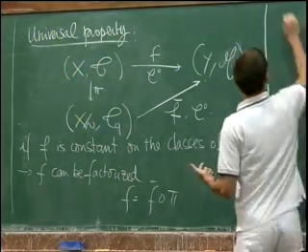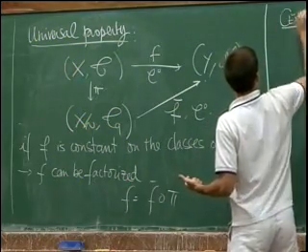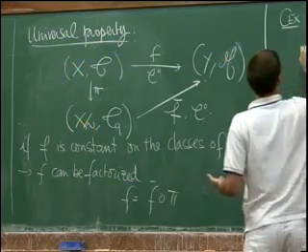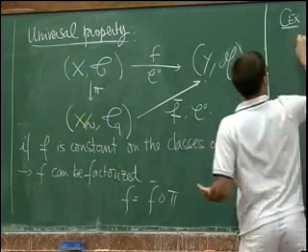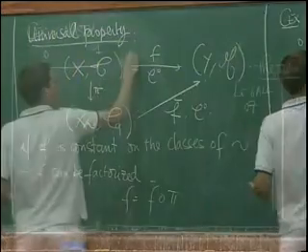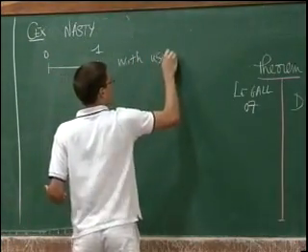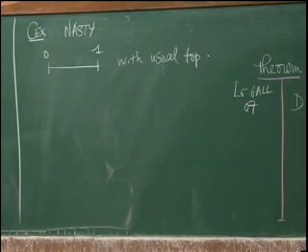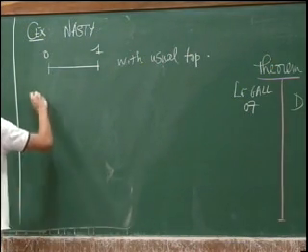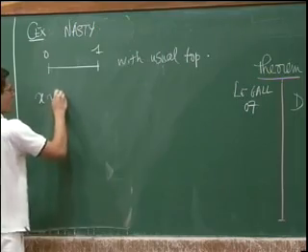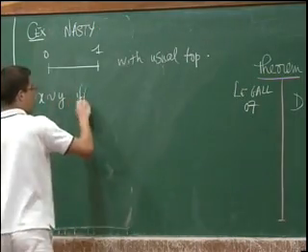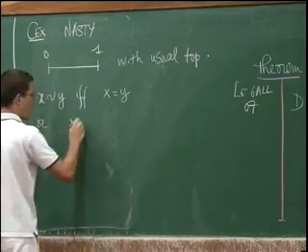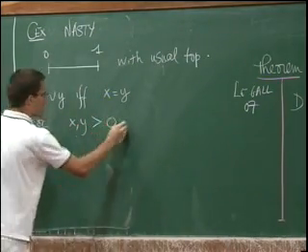So, for example, a counterexample: take the interval [0,1] with the usual topology, and define an equivalence relation on this set by: x is equivalent to y if and only if x equals y, or x and y are positive.